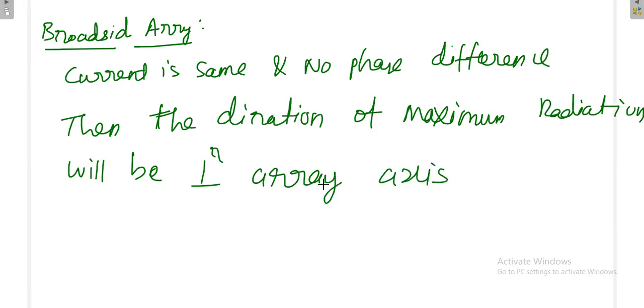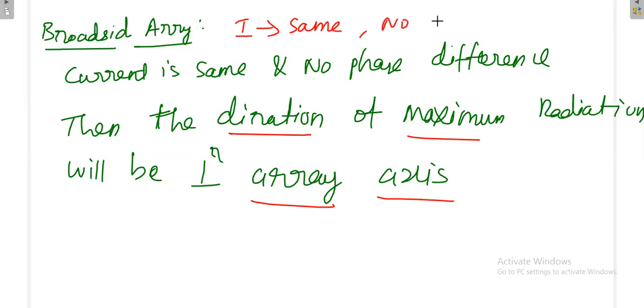This array axis is very, very important. What is broadside array? If your direction of maximum radiation is perpendicular to the array axis, then that condition is called broadside array. There, what is true? Current is same, no phase difference. Very important.